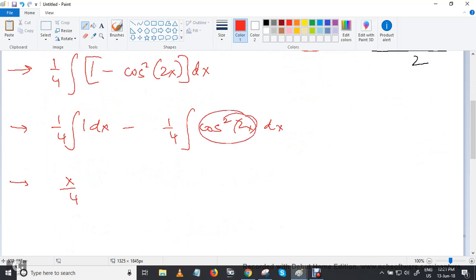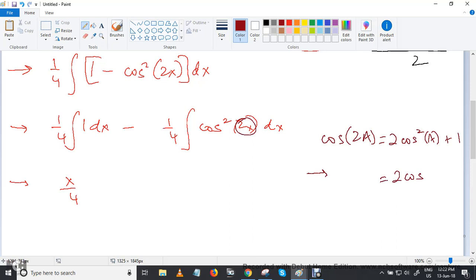But for cos square 2x, you again use the double angle formula. You know that cos of 2a is equal to 2 cos square of a minus 1. So here we have cos square of 2x. So take the a and replace 2x over there.